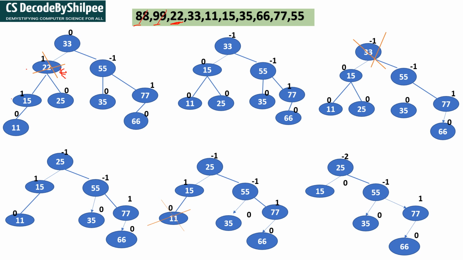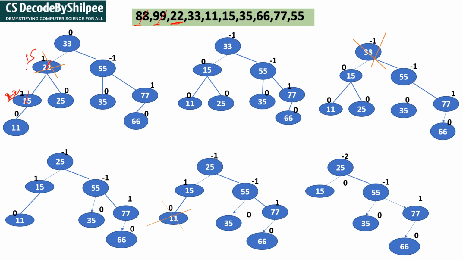Here I am taking the maximum from the left. The maximum is 15, so I am going to swap 15 with 22. So 22 will come down, and 15 will go up. So far I haven't deleted, right?